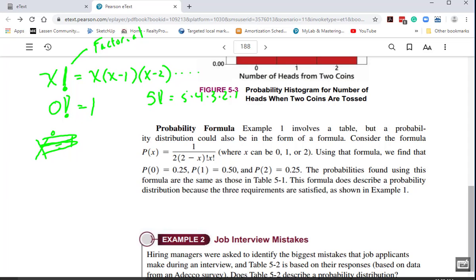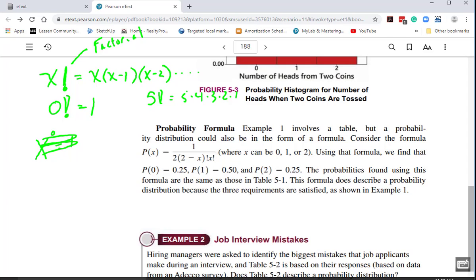So this is the form of the formula. Any other value is the same thing. If I have 2, it's just 2 times 1. 1 factorial is going to be 1, same as 0 factorial.